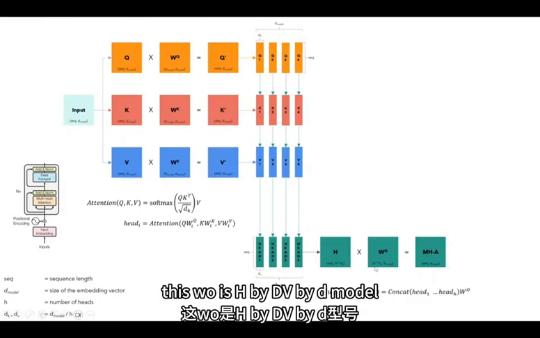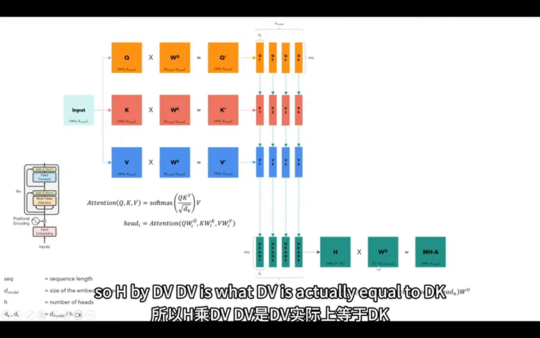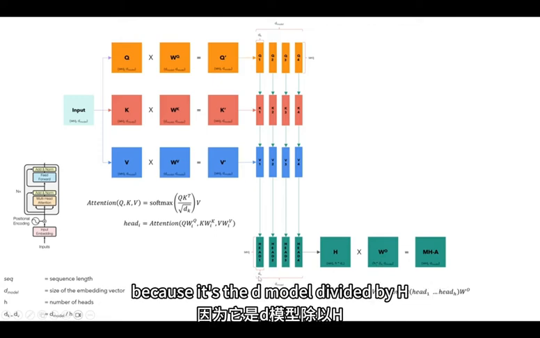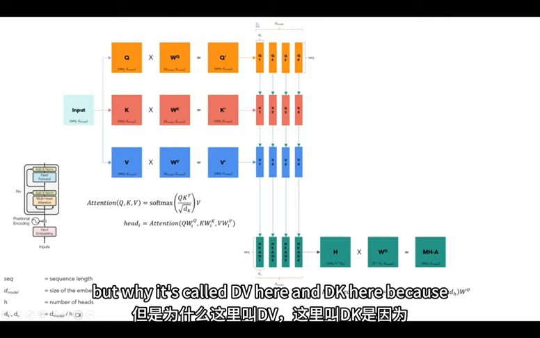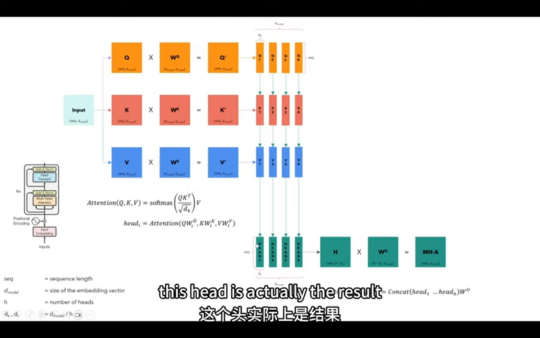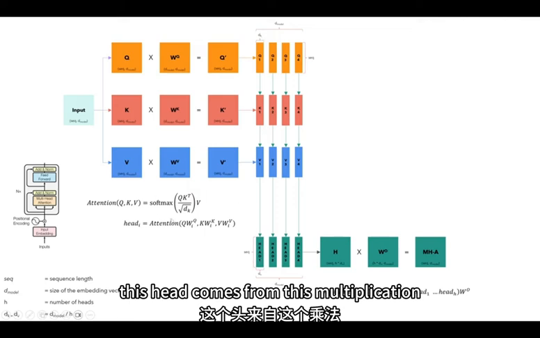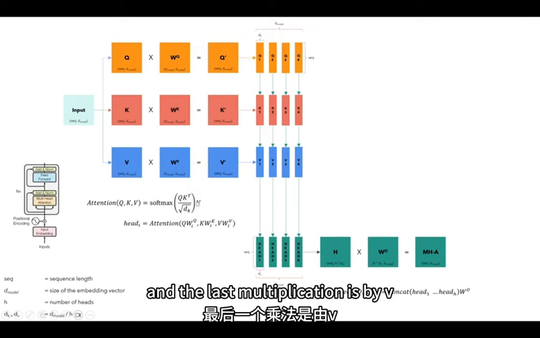This WO is h by dv by D model. So h by dv is what? dv is actually equal to dk, because it's the D model divided by h. But why is it called dv here and dk here? Because this head is actually the result of this multiplication, and the last multiplication is by v.